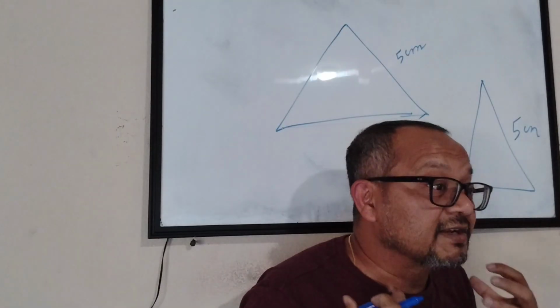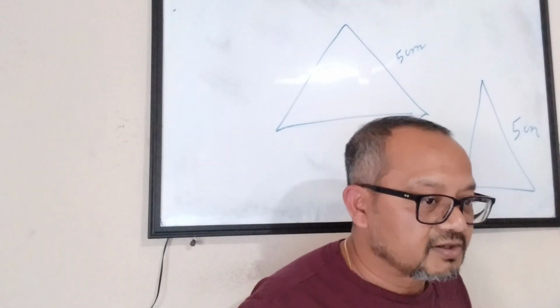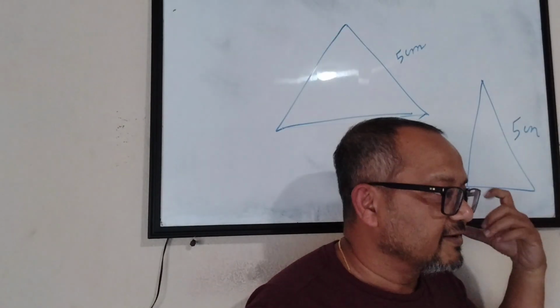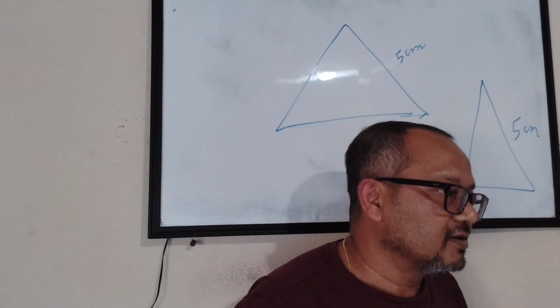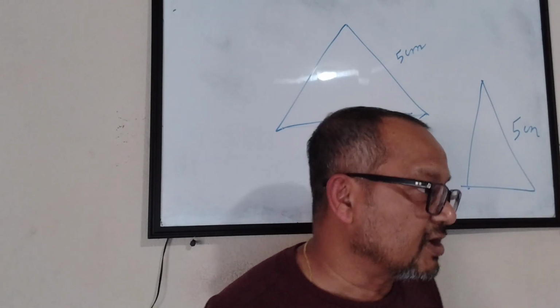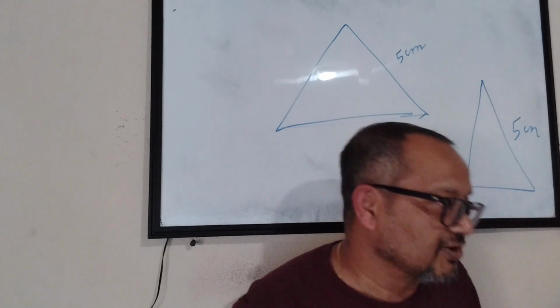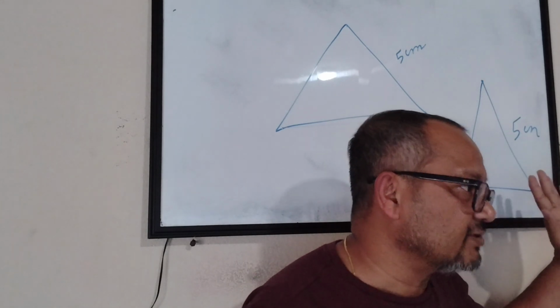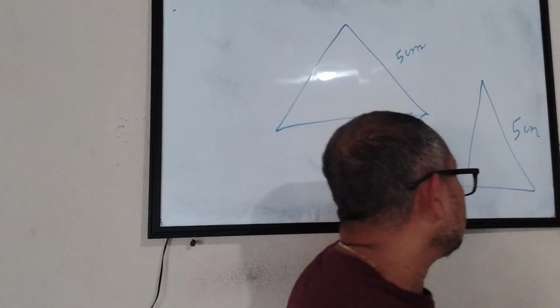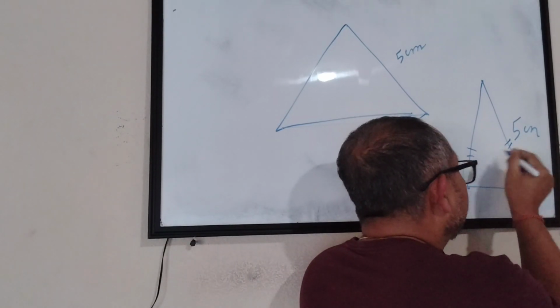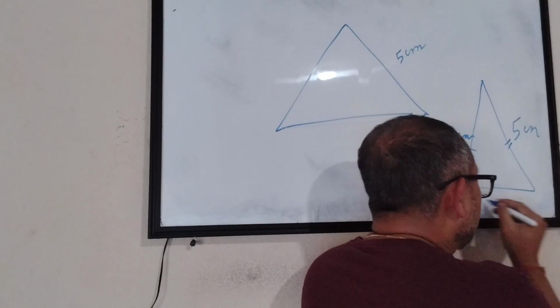And that is where the understanding of the property is very important. So you just get a scale and measure the bottom? No, in the examination hall you will probably not have that option, so you will rule out this option. You will say that this is an isosceles triangle, so if this and this side are the same, these two are 5 centimeter, but I don't know the length of this side.